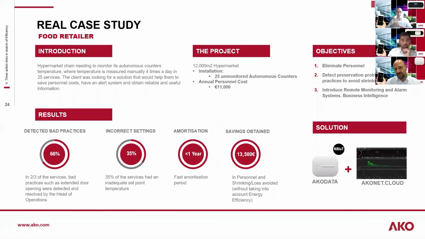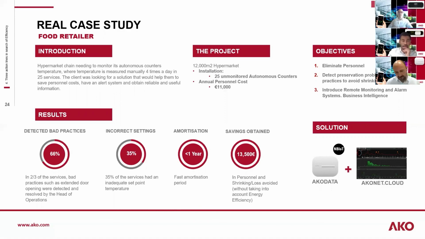Just to end, an example about a real food retailer that has a specific hypermarket of 12,000 square meters, where we detected 66% bad practices, nearly two-thirds of the activities were not properly done.